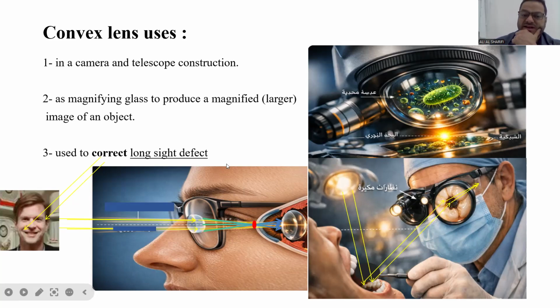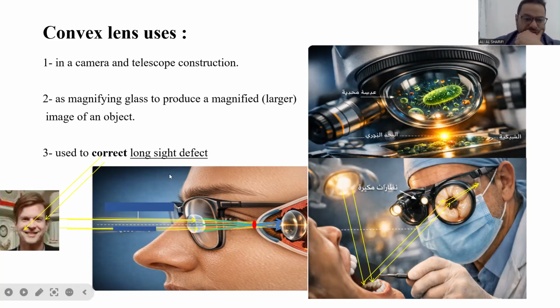To correct long sight defect, we use this converging lens, and all the reflected rays will flow from the same point. This point is the focal point.